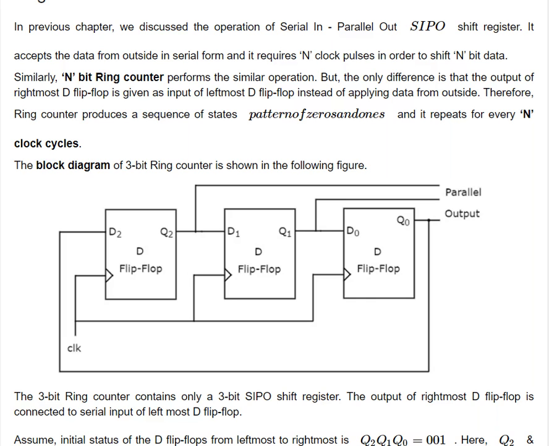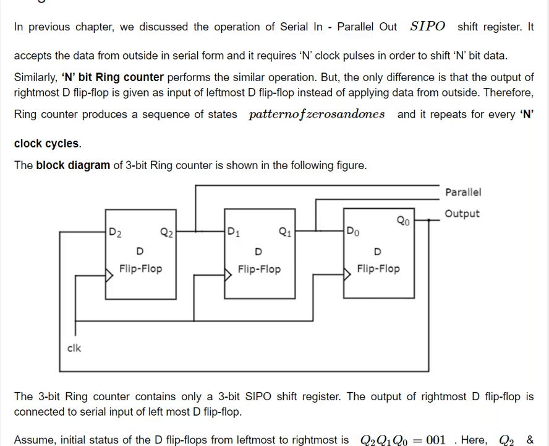So how is it going to perform? For this ring counter implementation, a serial in, parallel out shift register is used. It accepts the data from outside in serial form, and it requires n clock pulses in order to shift the n bit data.